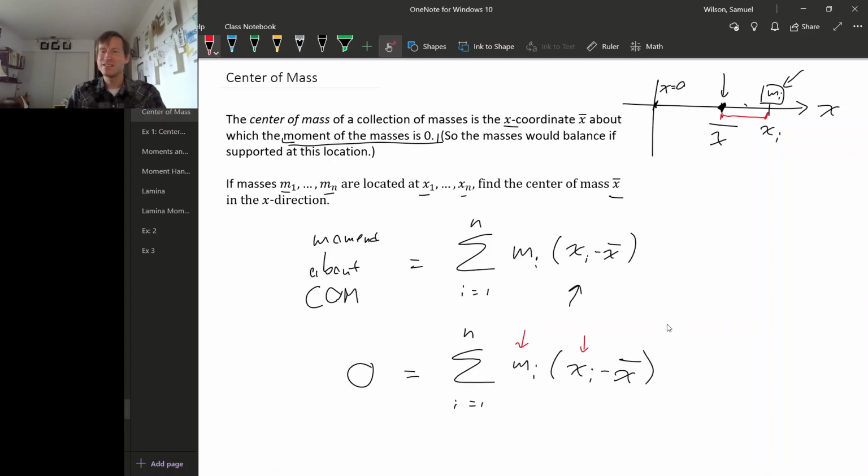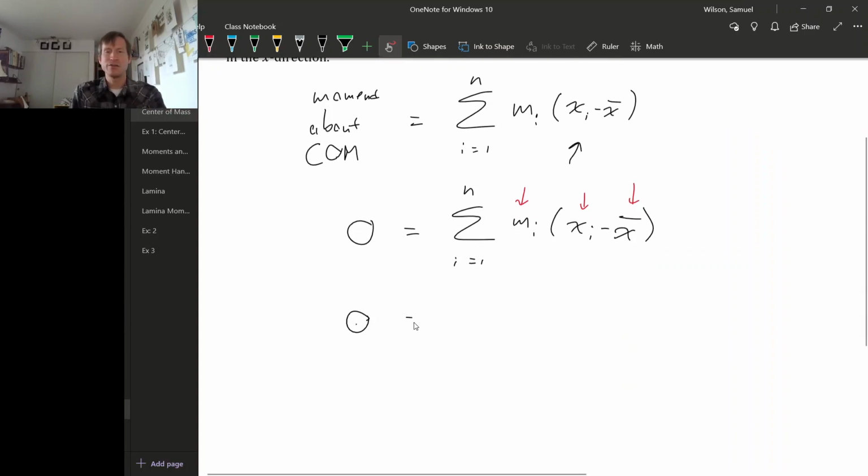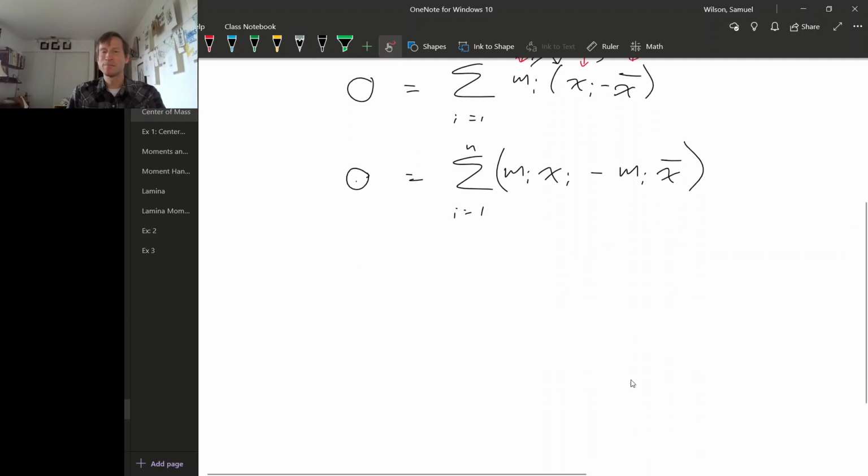The only thing we don't know is the center of mass. So we can solve this equation for the center of mass. Let's distribute this mass: 0 is the sum from I equals 1 to n of m sub I times x sub I minus m sub I times the center of mass.